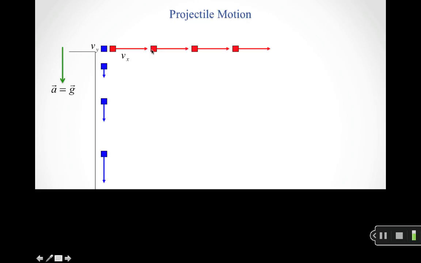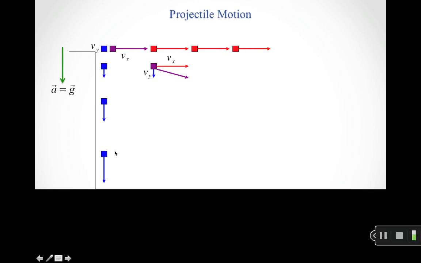So as my object moves away from the building, when I throw it horizontally, what's going on in the x direction, again, x is my horizontal coordinate here, that doesn't change. So what this means is that when I throw whatever this object is horizontally, there are actually two pieces.